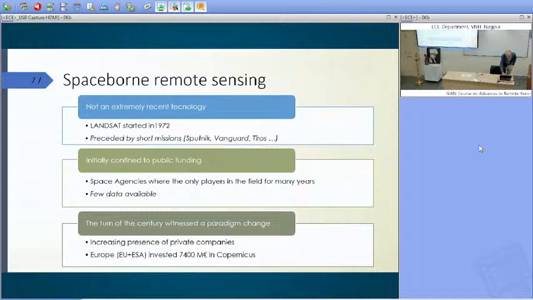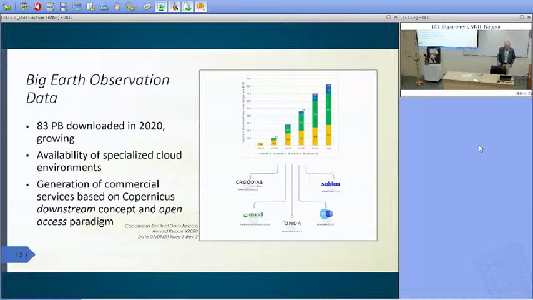And on the other hand, as I mentioned, there was the transition towards open data. We have seen the Copernicus mission, but there are also other initiatives towards open data, which led to basically a flood of data available for free or for a moderate cost.